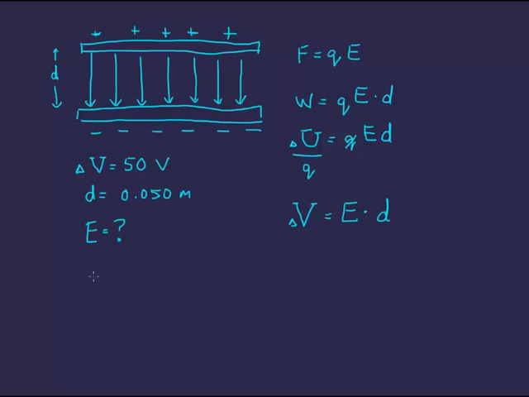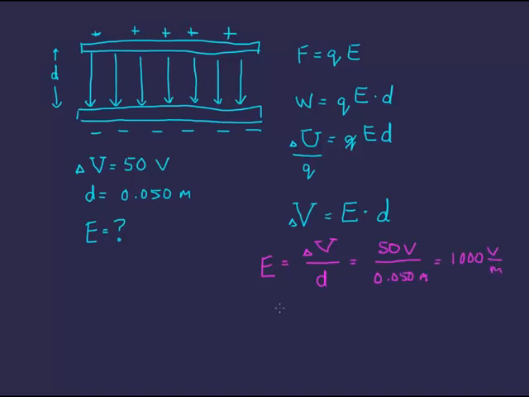So we can take our relationship, delta V equals E D, and solve it for the electric field. The electric field is the potential difference over the distance. So that's 50 volts divided by 0.050 meters, and that comes out to 1,000 volts per meter.